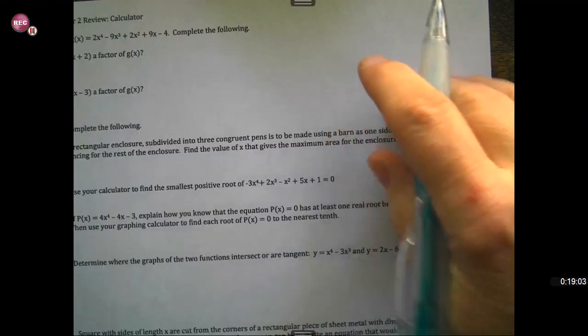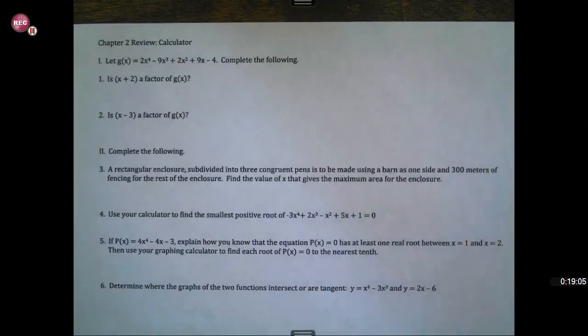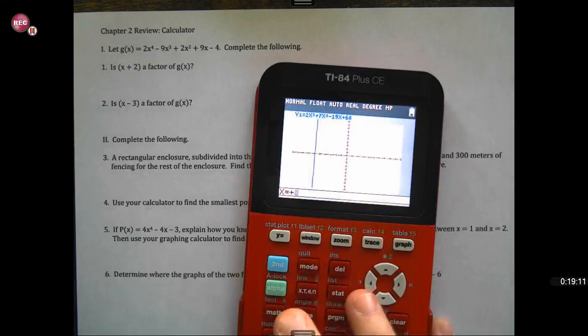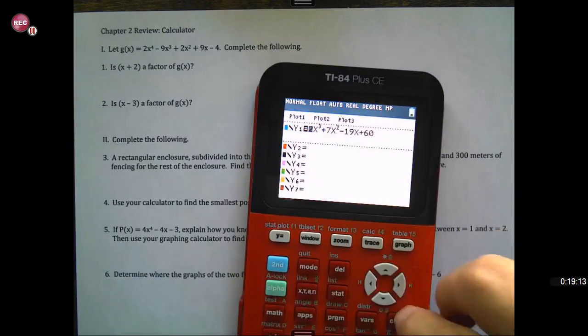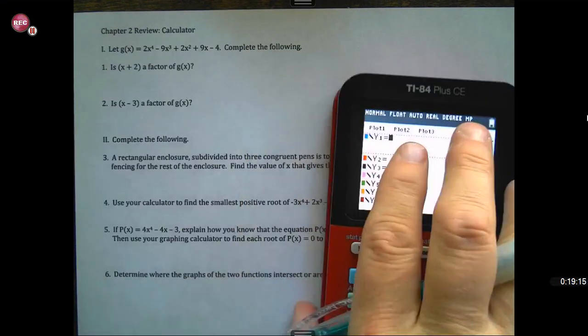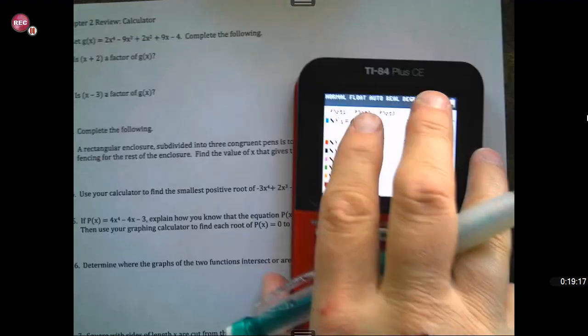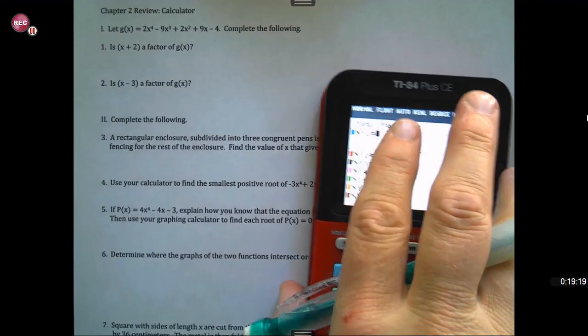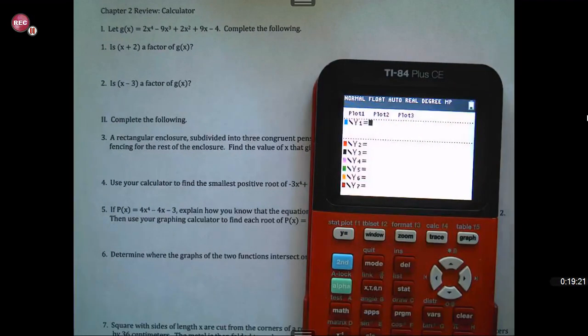So this is the graphing calculator portion, and I'll have my graphing calculator here. And for this first one, we could just use synthetic division and figure it out that way. But since I am able to use my calculator, I'm going to put that into my calculator.